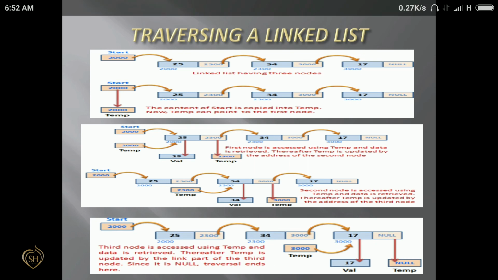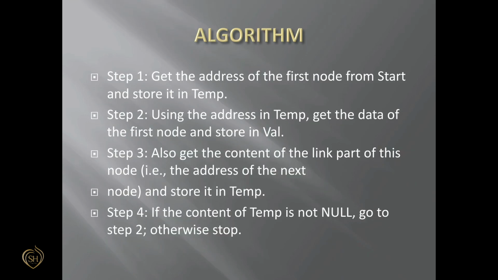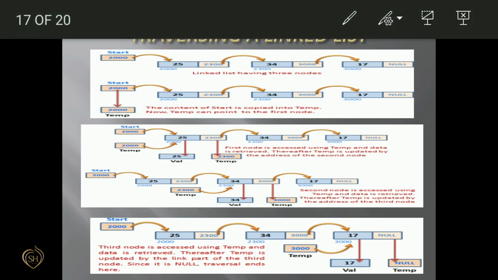Traversing: you can see that we are accessing the value of start first, then the address stored in the start is accessed. We get the address of the first node, then its value is accessed.